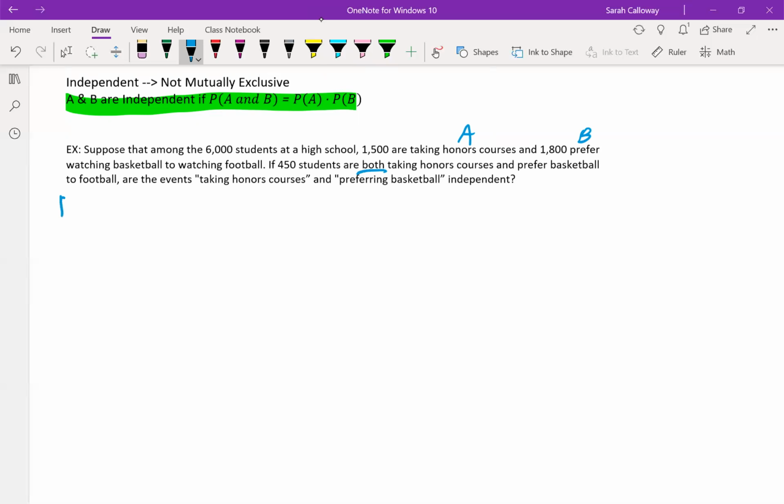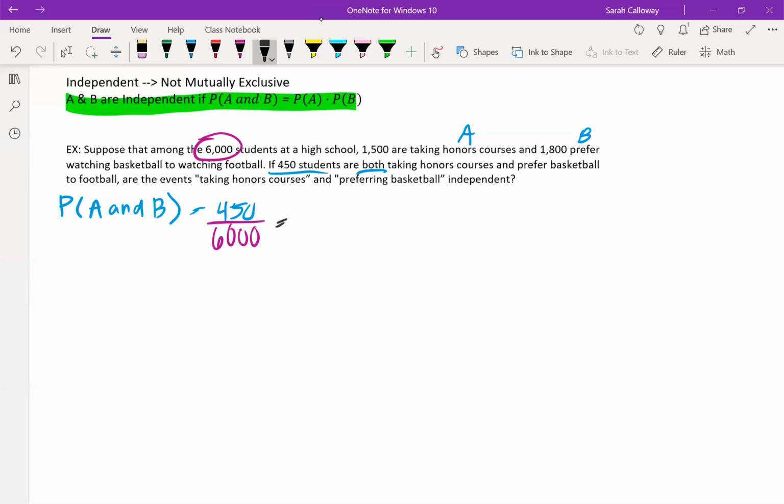So we want to take the probability of A and B, that both probability, which is 450 students out of our sample space, our population of 6,000 students, and see if that value is equal to the product of the probability of just taking honors courses times the probability of just preferring basketball to football.